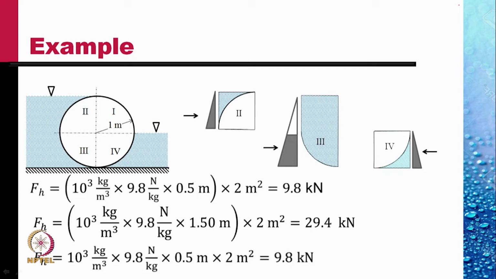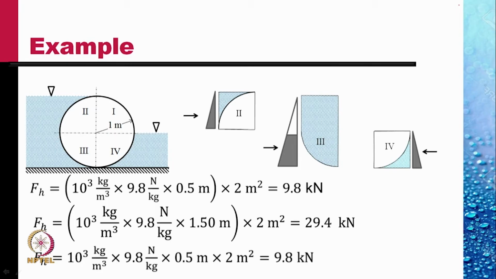They are respectively rho G H, where H is the depth of the centroid for each of the elements, times the area of the plate. If the depth of the cylinder normal to the paper is considered 2 meters, then these are the forces.